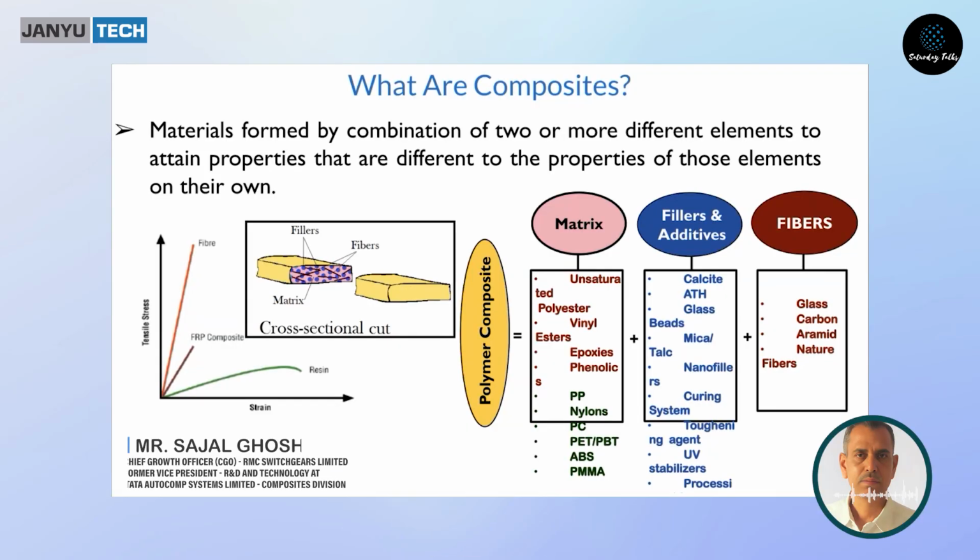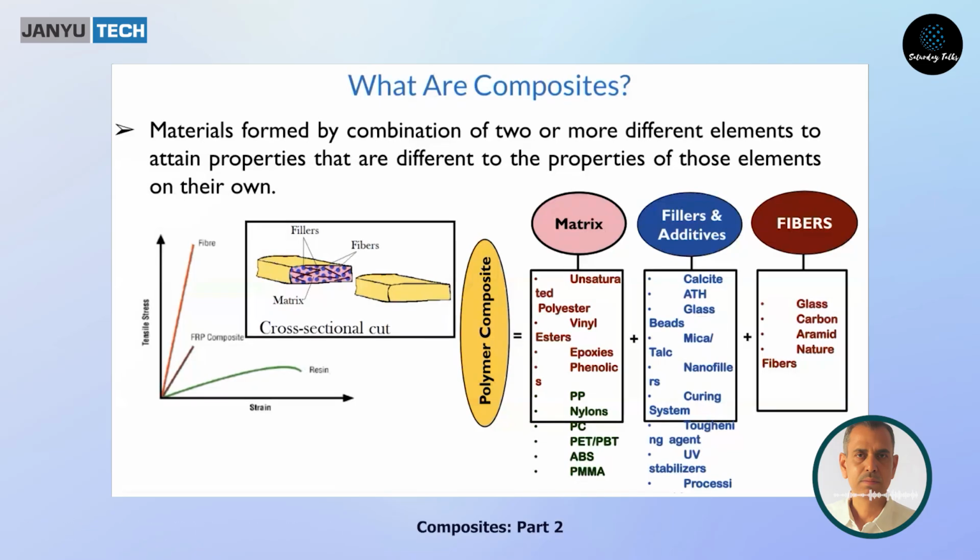Yeah, thanks everybody for joining the session. I delivered a talk on the subject a few months back. I've forgotten the date. There I gave a brief introduction of composites, mainly what composites are, the major components of composites, and the individual characteristics of each.